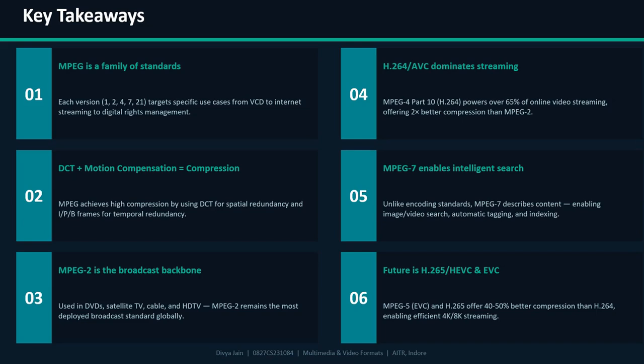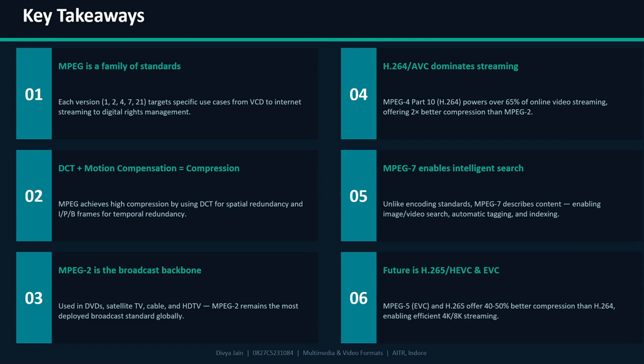Before I close, here are the 6 things I want you to remember. 1. MPEG is a family of standards, each targeting a different use case. 2. Compression works through DCT for spatial redundancy and IPB frames for temporal redundancy. 3. MPEG remains the backbone of global broadcasting. 4.